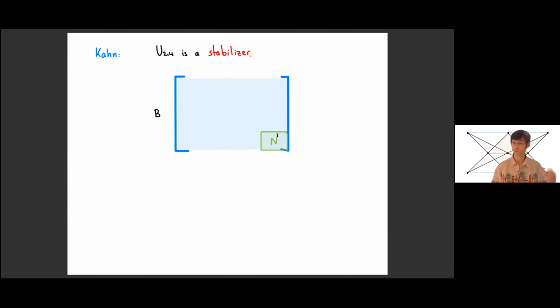That's what it means to be a stabilizer. And if you look at U24 over GF4, it actually has two representations that are inequivalent up to scaling, but they're related by field automorphism.